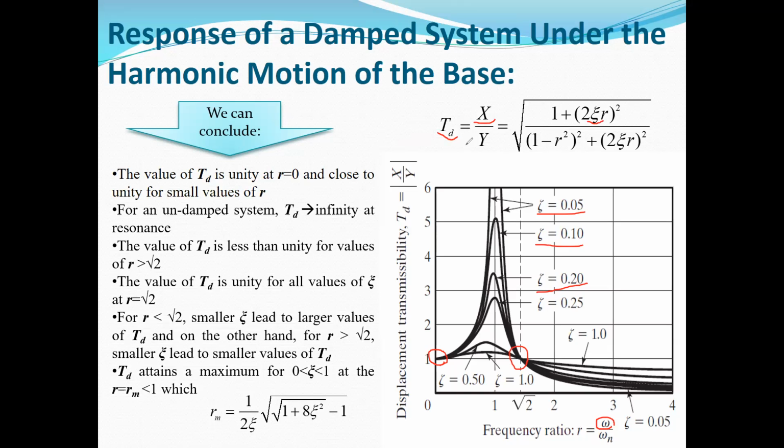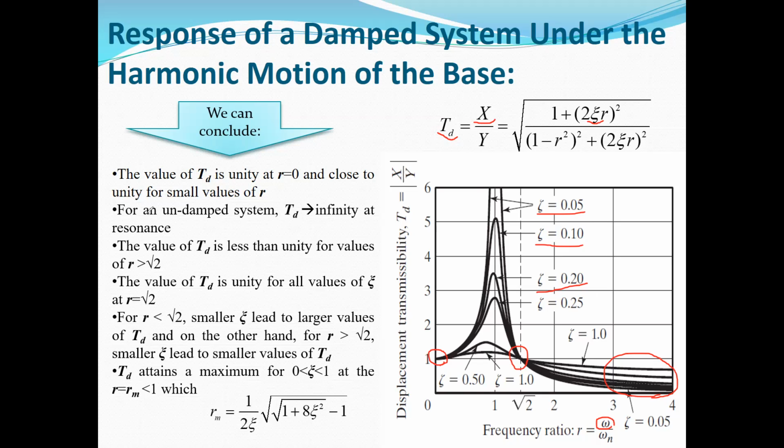So here, when we are in this area, when omega is more than omega n, we can conclude that X, the amplitude of the response, is very low for all values of the damping ratio.